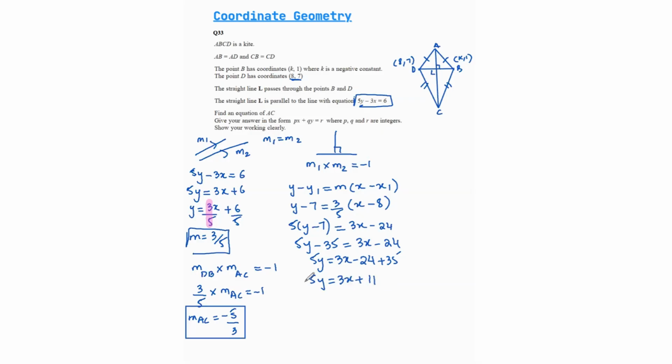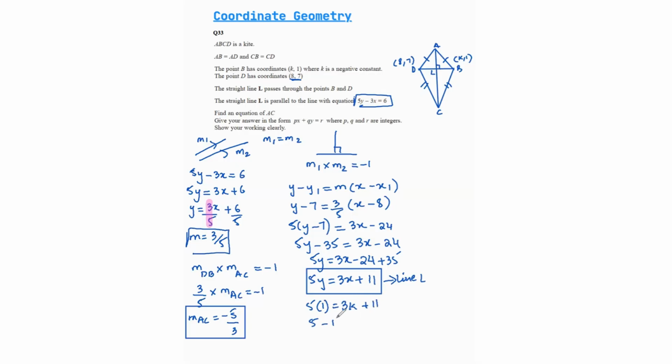Now this is your equation of line L. Since line L is passing through the points B and D, we can substitute the coordinates k and 1 into this to find the value of k. So y is going to be 1, and k is going to be x.